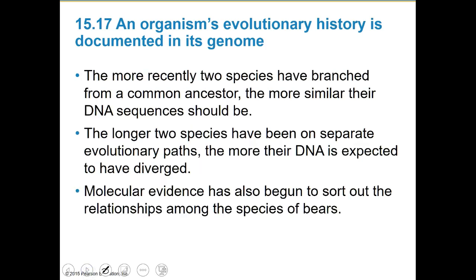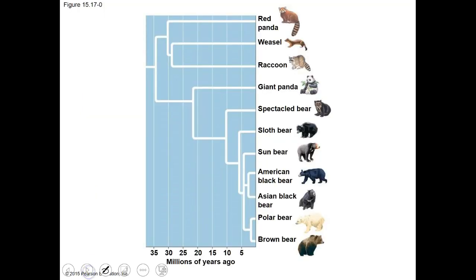So the more recently two species have branched from a common ancestor, the more similar their DNA sequences should be. The longer two species have been separated on evolutionary paths, the more their DNA is expected to be different. That should make sense.